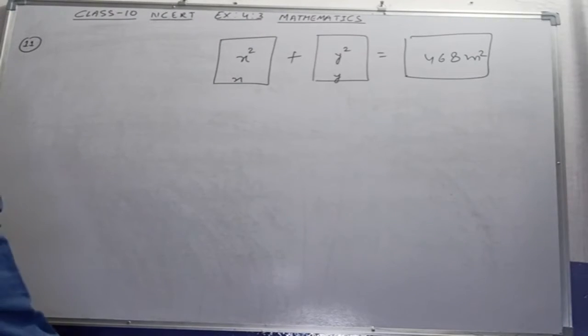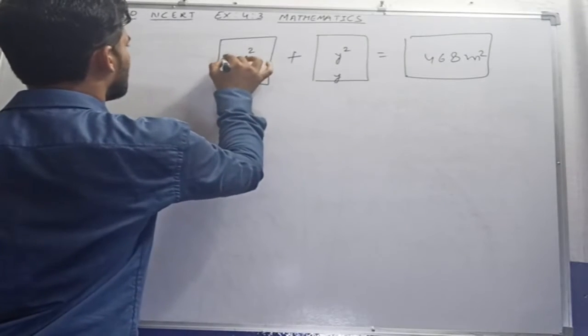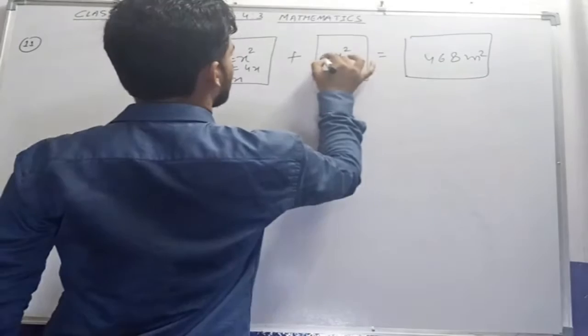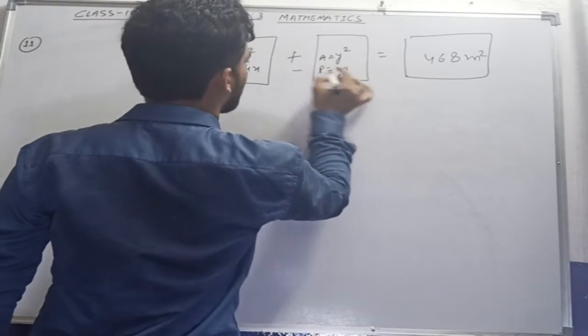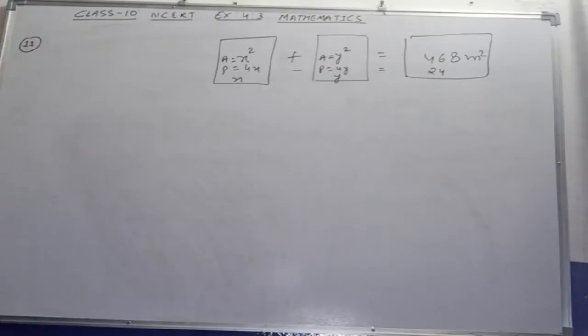The very next condition given is that the difference of their perimeters is 24 meter. What will be the perimeter? The perimeter of this will be 4x, and the perimeter of the other will be 4y. So the difference of these is 24.